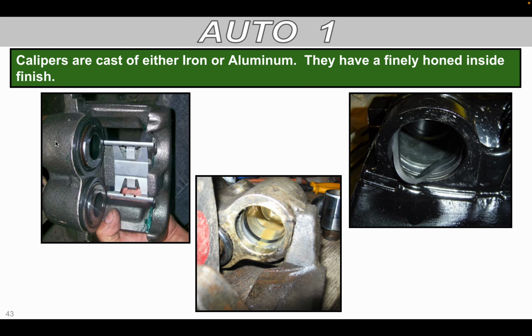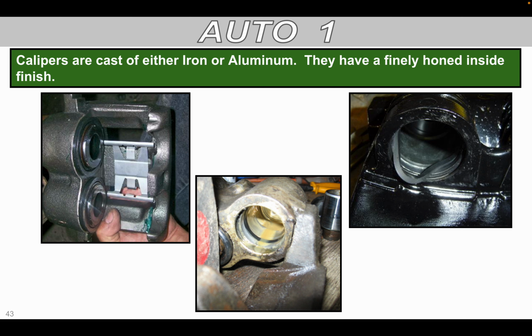Most calipers are cast out of either iron or aluminum. They're a big chunk of metal and they do weigh a decent amount. On the inside, the caliper is finely honed or machined because the pistons on the inside need to be able to move back and forth without any resistance.